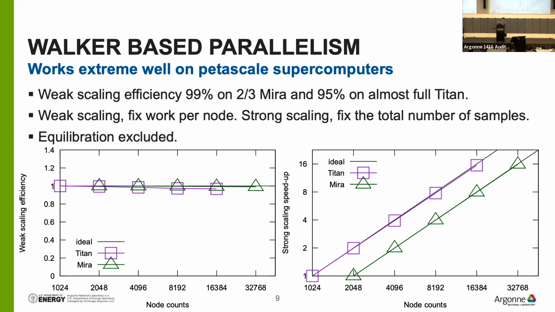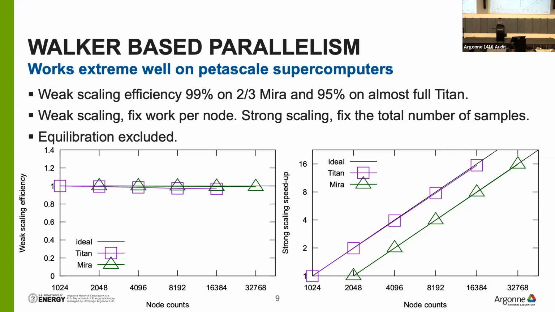The plot I'm showing here is the scaling study we did on Mira and Titan. Mira was deployed here at ALCF. It has, I think, 500,000 compute nodes, which is the higher end of node count. Actually, that seems to be the past, not nowadays.